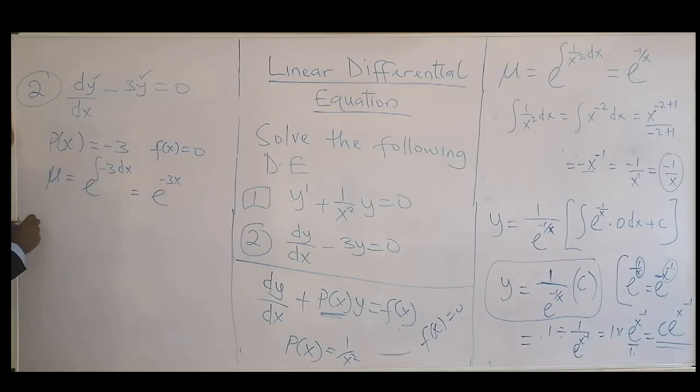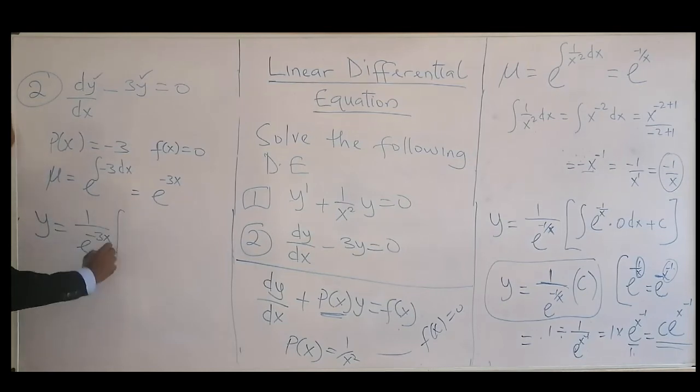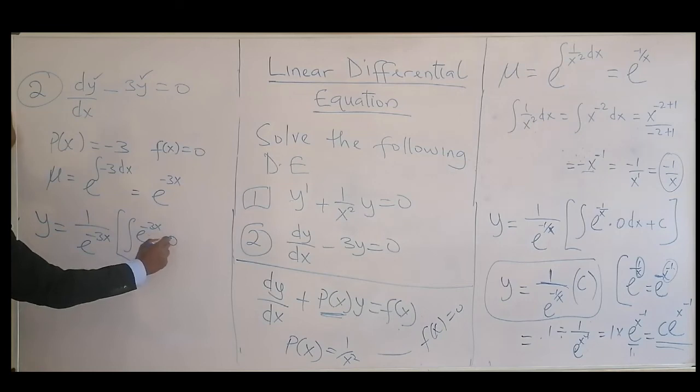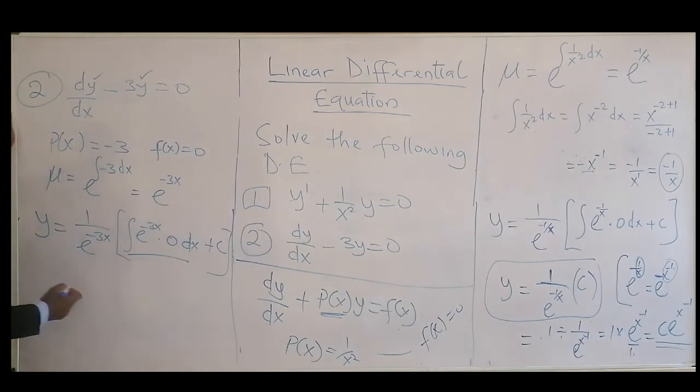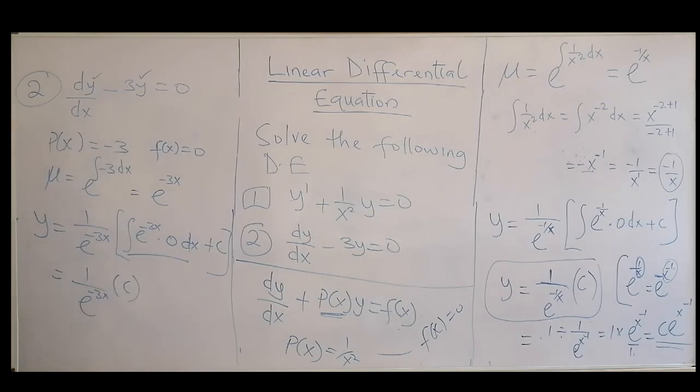So in that case, the general solution will be equal to 1 over e^(-3x), into brackets, the integral of e^(-3x) times f of x, which is 0, dx, then plus c. Everything here becomes 0. So we just have 1 over e^(-3x), times c.